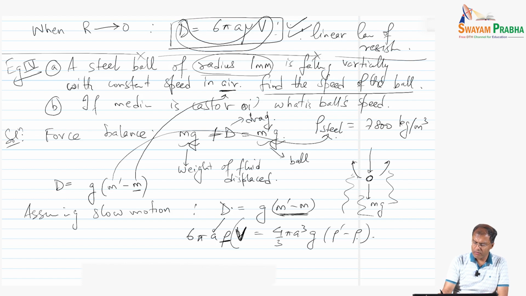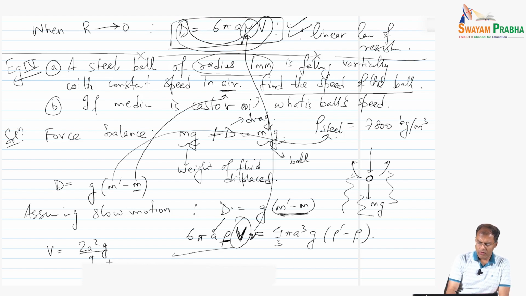So to find the speed of the ball, from this formula we get that v comes out to be 2a square g by 6, what else? I think we have missed a coefficient, mu, this coefficient here. Okay, so let us keep it mu. So v is 2a square g by 9 mu times rho prime over rho minus 1.